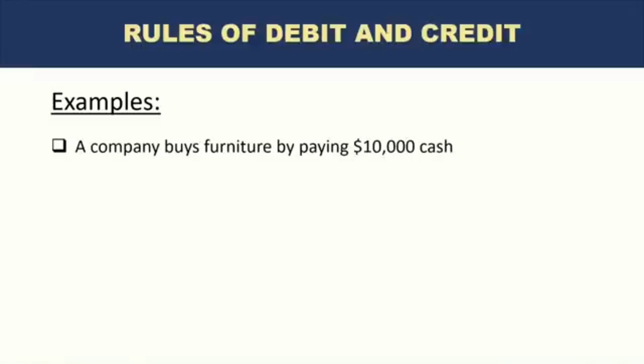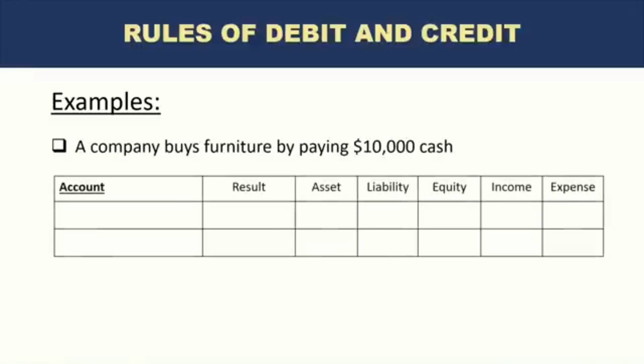Okay, the company buys furniture by paying $10,000 cash. Okay, what are the accounts here? You can always see that in the example or the statement itself, right? So cash is one, but what is the other one? Furniture, right? So we have furniture and cash. What is happening to the furniture?